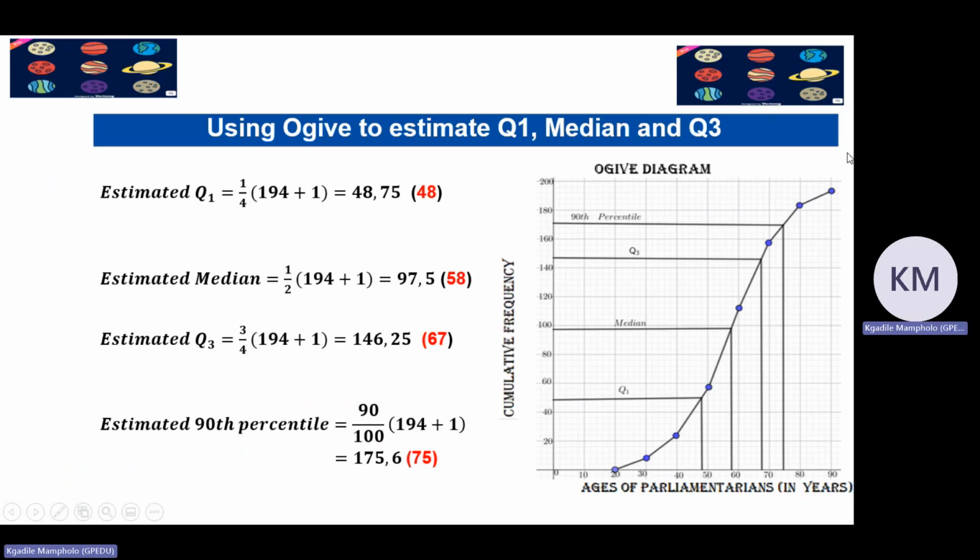Then we say 194 minus 100, because we are determining the estimated number of parliamentarians who are over the age of 60. So you check where the age of 60 is, then you get 100, which is the cumulative frequency. Because you say over, then you say 194 minus 100. This will be the estimated number of parliamentarians who are over the age of 60, which is 194 minus 100.